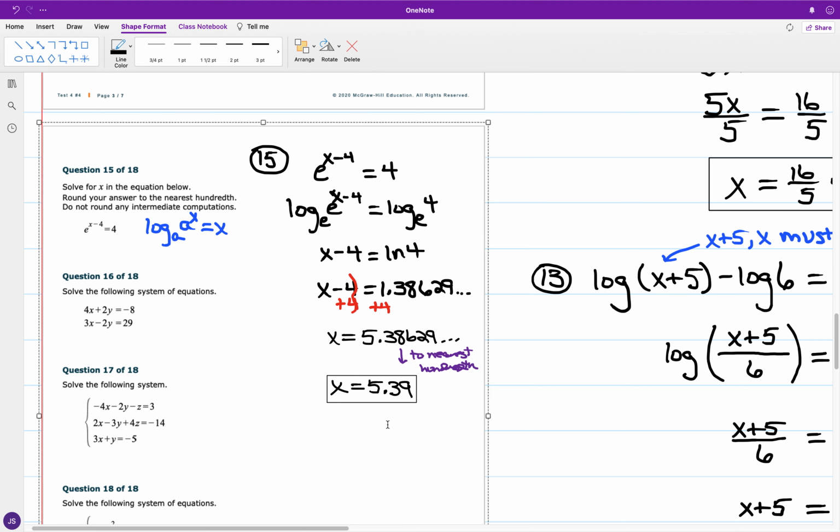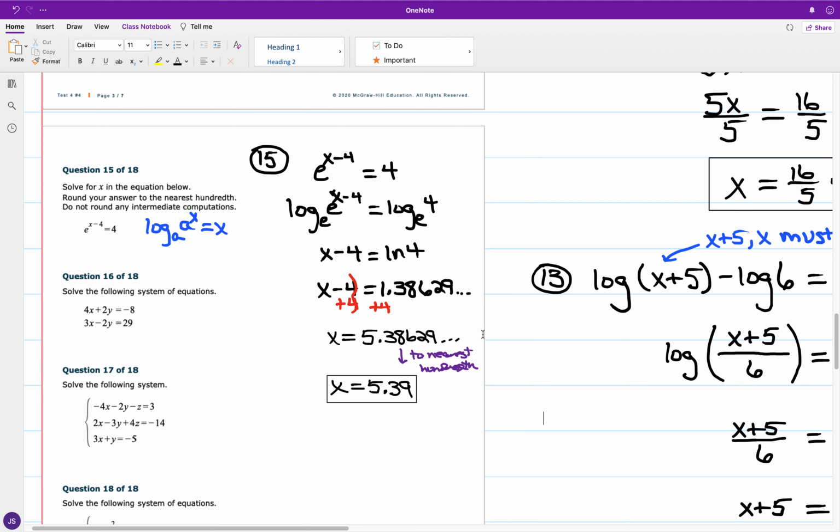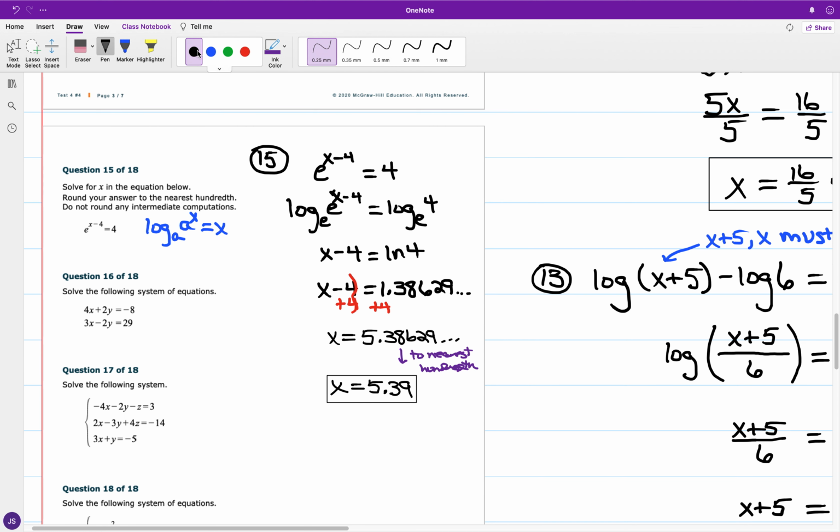All right, now for what we have in the case of equation systems, now we have number 16. Now we have linear equations, where for the first equation we have 4x plus 2y is equal to negative 8.